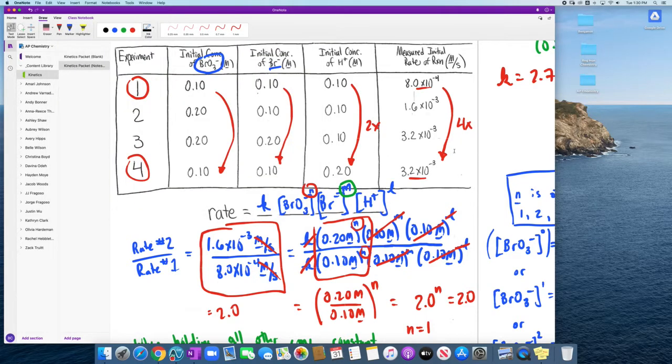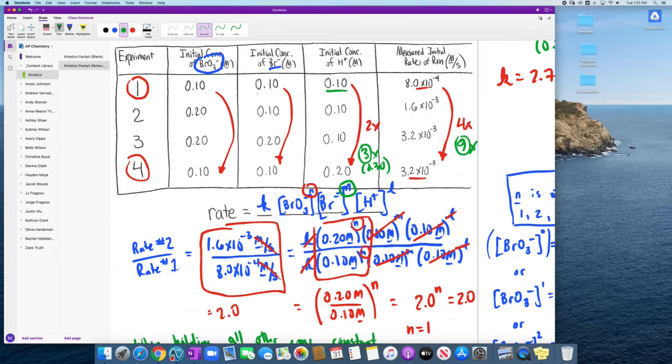So that is not a first order reactant. H plus concentration really affects the rate. When we double its concentration, we've quadrupled the rate. If we had, for instance, done a reaction with 0.3 molar instead of 0.1, we would have seen this increase by a factor of 9, because 9 is 3 squared.